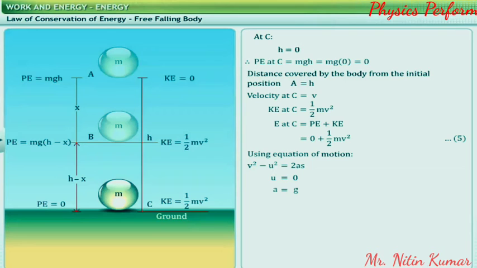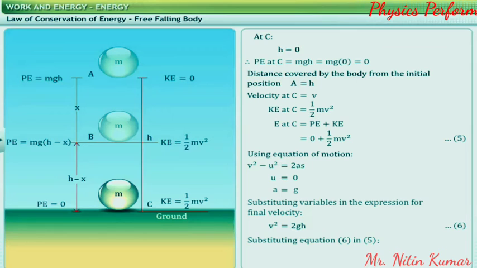Here, the initial velocity u is 0 at A. The acceleration of a free-falling body is only due to gravity. By substituting the corresponding variables in the expression for final velocity and simplifying, you get the square of the final velocity of the body at C as 2gh.